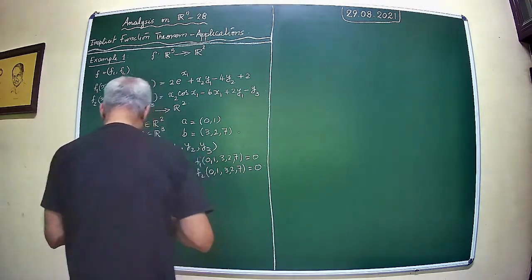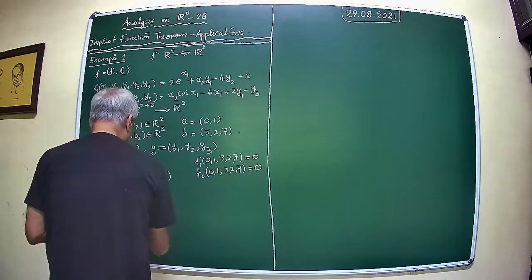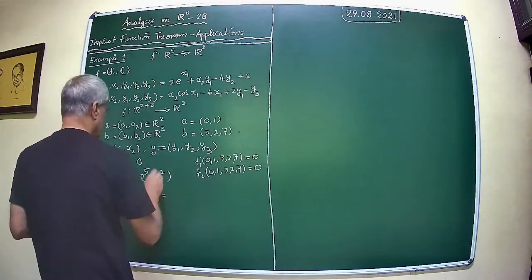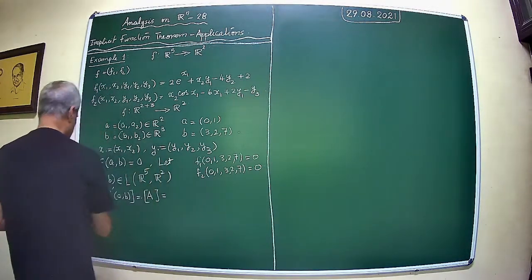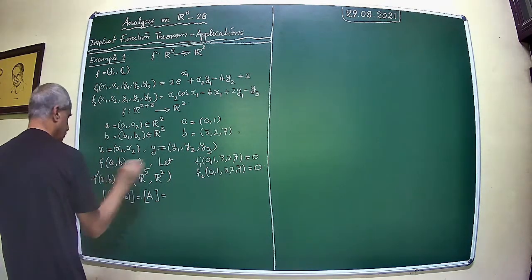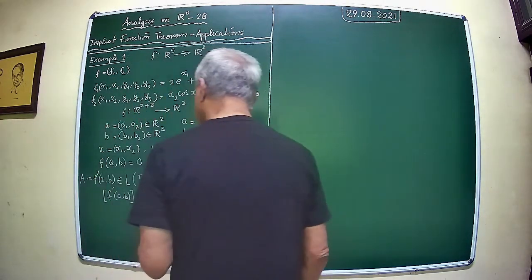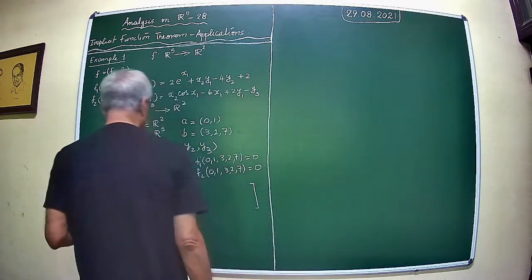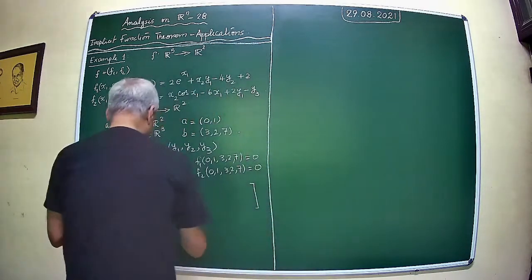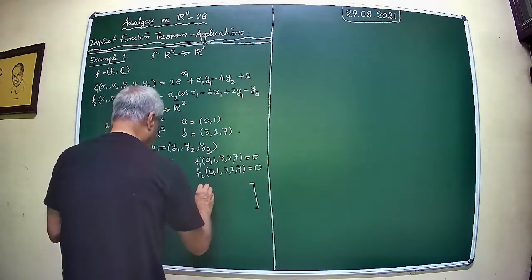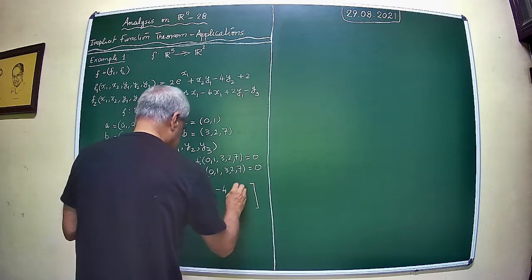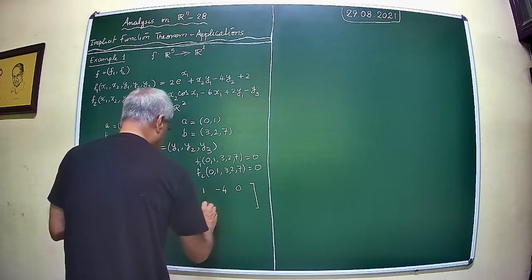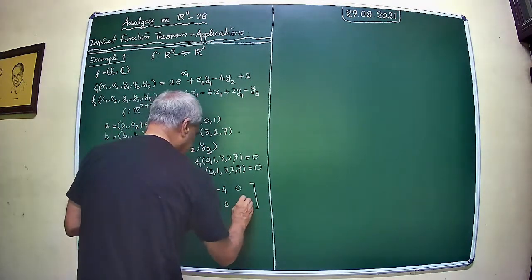Define it as A. This is given by the 2 by 5 matrix: 2, 3, 1, minus 4, 0, minus 6, 1, 2, 0, minus 1.